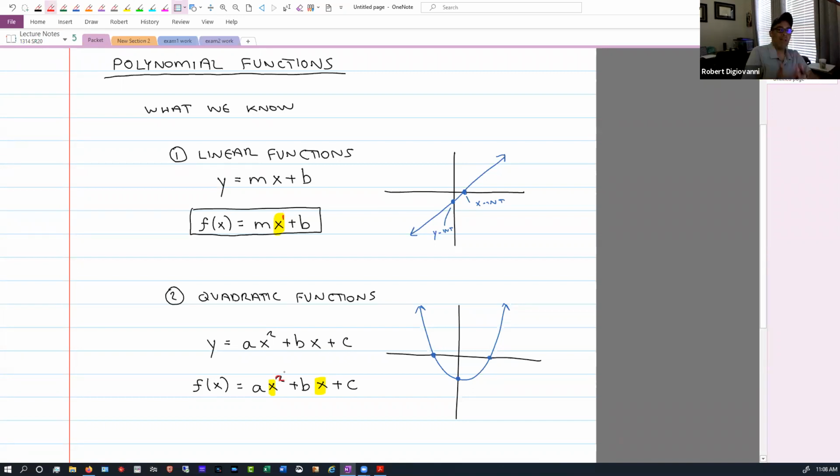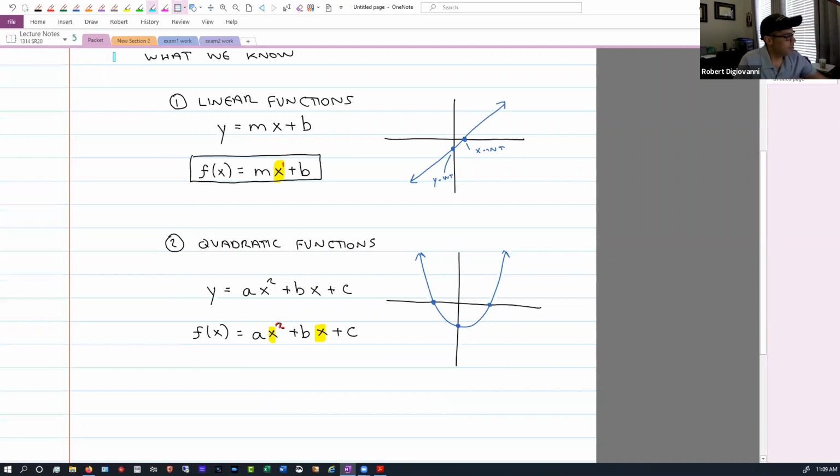So to be a linear function, you need to have x raised to the first power. To be a quadratic function, you need to have an x raised to the second power. So that leads us into what are polynomial functions. Well, polynomial functions are functions that have x raised to powers that could be 1, 2, 3. Basically, there's no limit to how big that power gets.